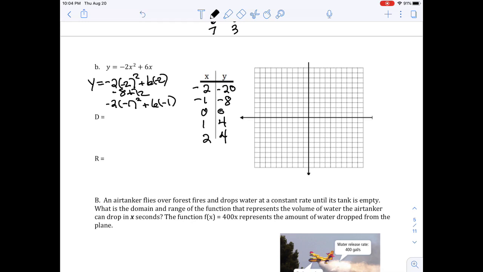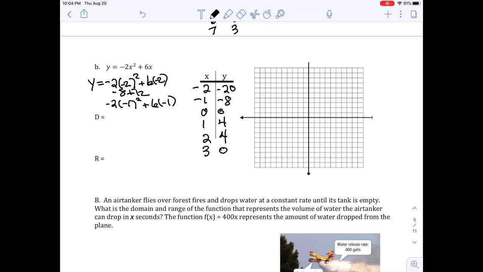Okay, so -2, -20 is just off the chart. So let's stick with the others. Maybe try 3. If we plug in 3, we're going to get 0. That's another good point.